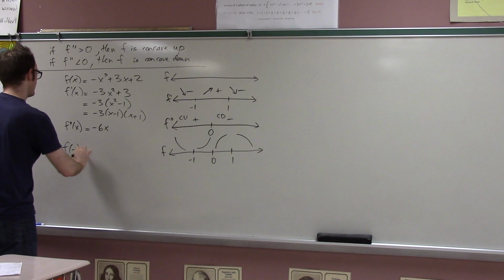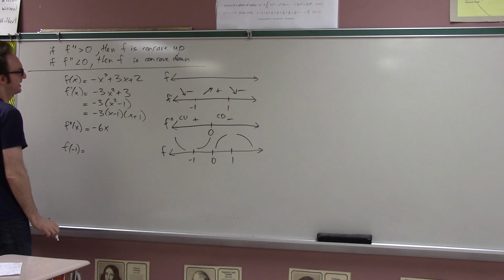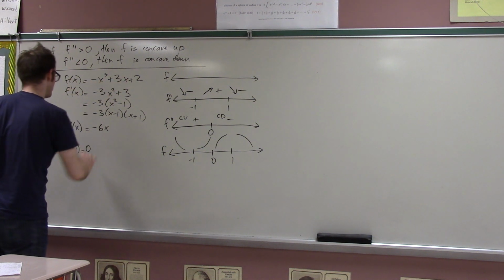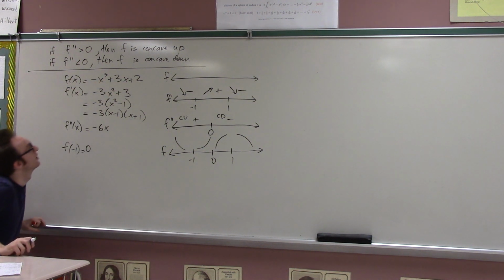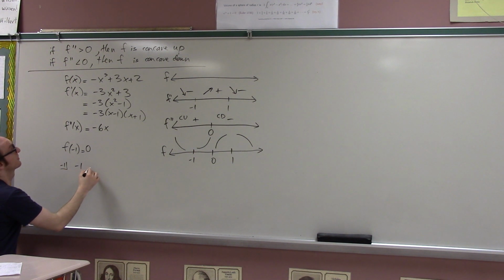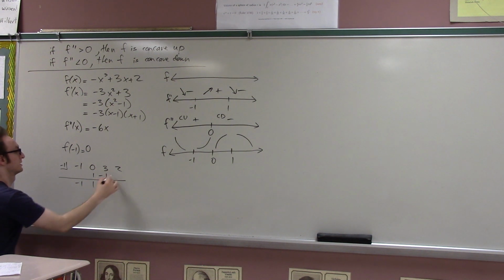F of negative 1 is negative 1 cubed is negative 1, minus 3 plus 2 is 0. So since f of negative 1 is 0, I can factor this. I have no quadratic term, 3, 2, and then it's like negative 1, that's 1, that's 1, that's negative 1, that's 2, it's negative 2, that's 0.